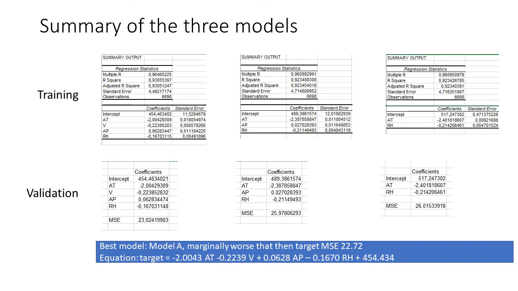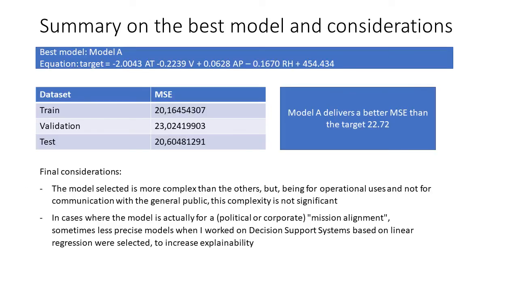As you can see, across the 3 models, the last 2 have more or less the same mean square error, a marginal difference, but the best one was this one, and it was significantly different. It was slightly worse than the target MSE of 22.72, but anyway, I tried to apply it on the test data set, and this is the result.